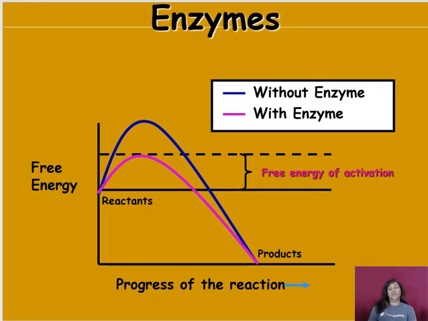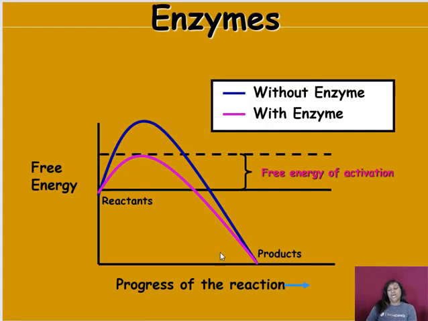So let's look deeper at how enzymes function. Enzymes basically are lowering the energy of activation that's needed for a reaction to occur. When you look at this graph, what it's showing is free energy, and you have your reactants, and your reactants go to products.